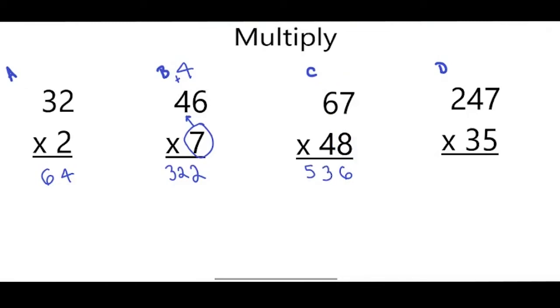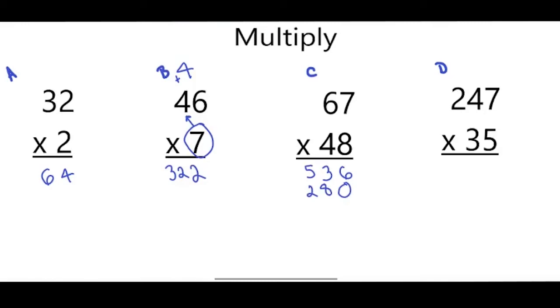All right, now I put a 0 here because there's 2 digits in this row. So I'm going to put a 0 there. And now I take this 4, multiply it by 7. Well, 4 times 7 is 28.